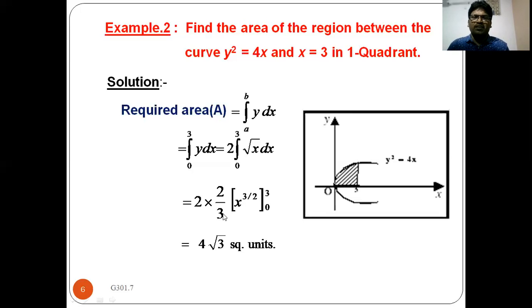Here 3 gets cancelled, then you will get root 3. So the required area A is 4 root 3.